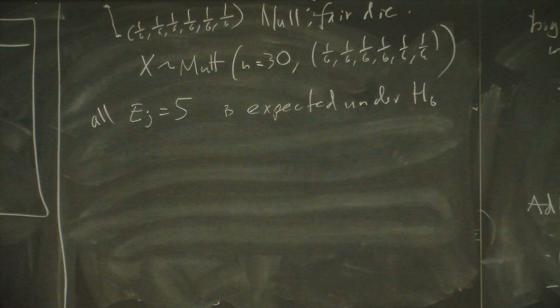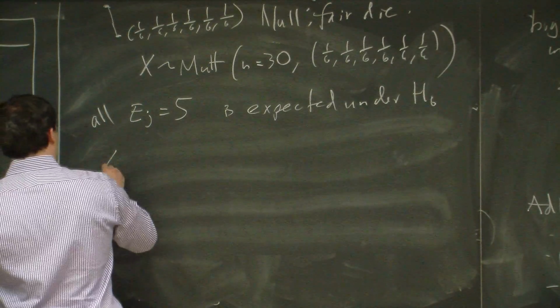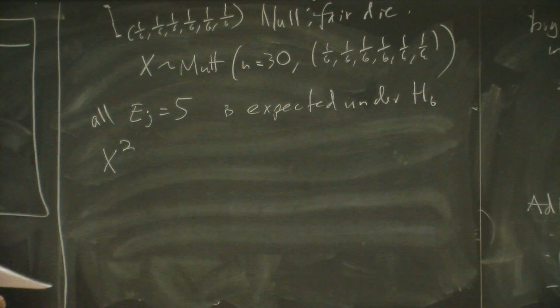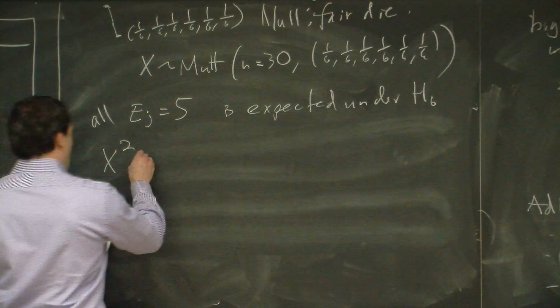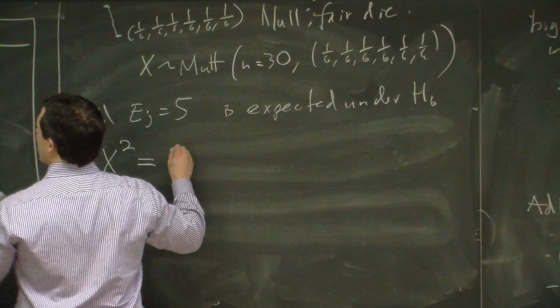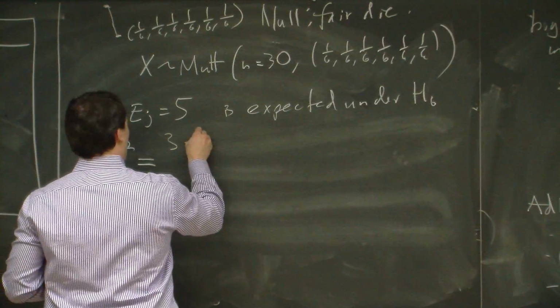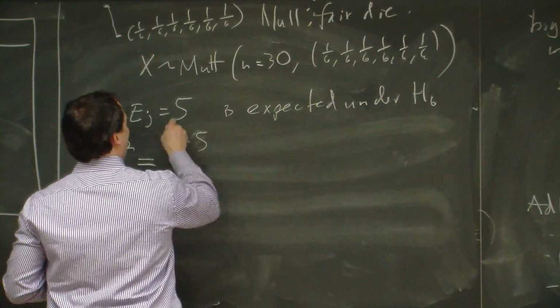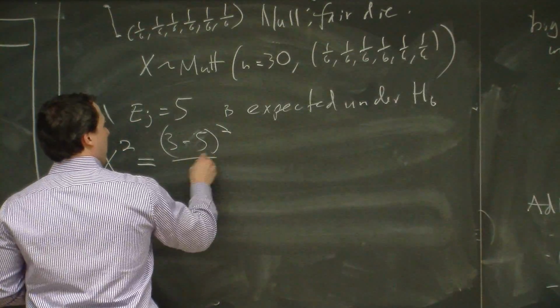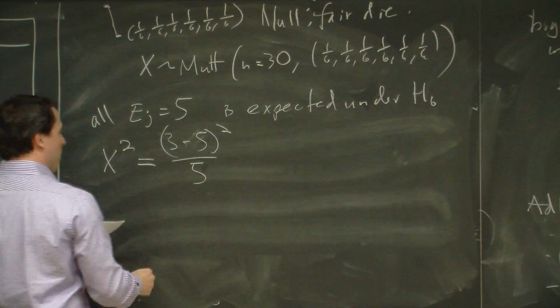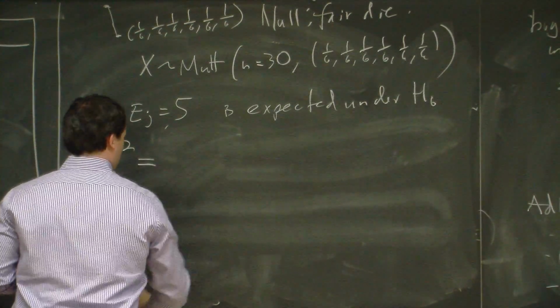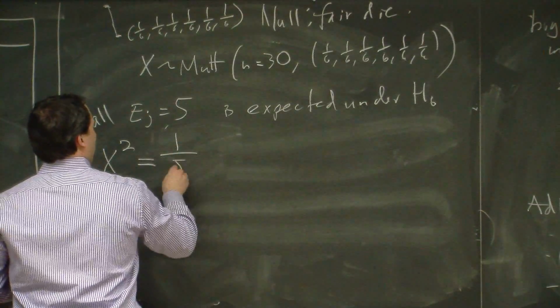And then we can compute our goodness of fit statistics. All we do is add up observed minus expected squared divided by expected. All the expecteds are going to be 5, so I'm going to put 1/5 out in front.